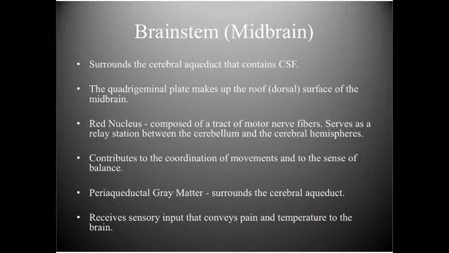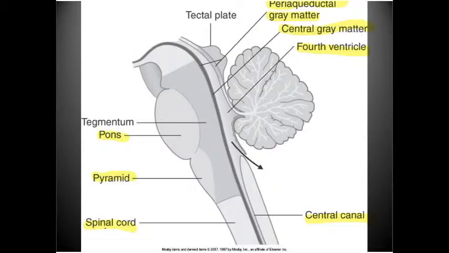It contributes to the coordination of movements and to the sense of balance. Periaqueductal gray matter surrounds the cerebral aqueduct and receives sensory input that conveys pain and temperature to the brain. So the periaqueductal gray matter basically conveys pain and temperature to the brain.